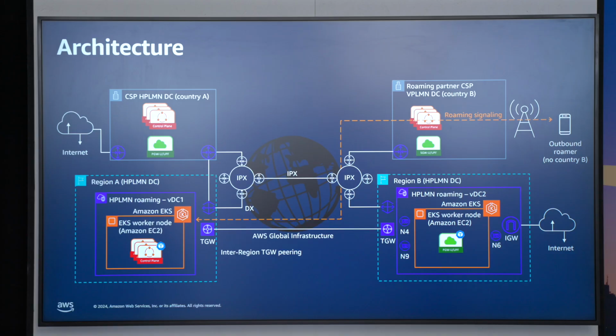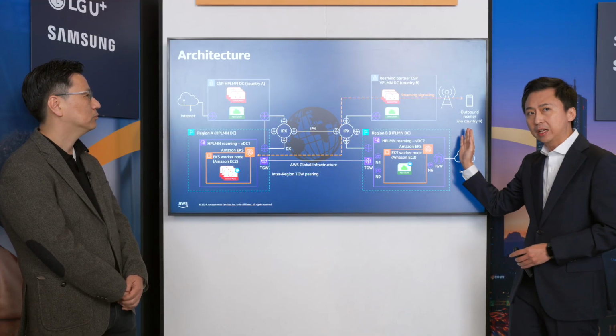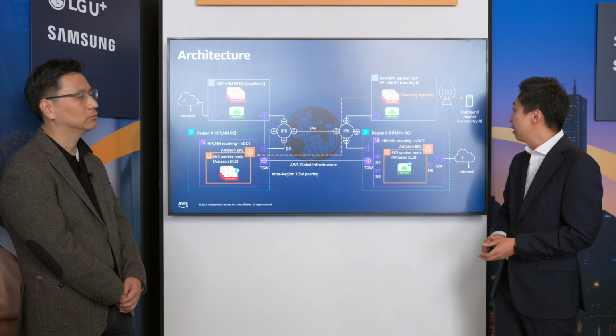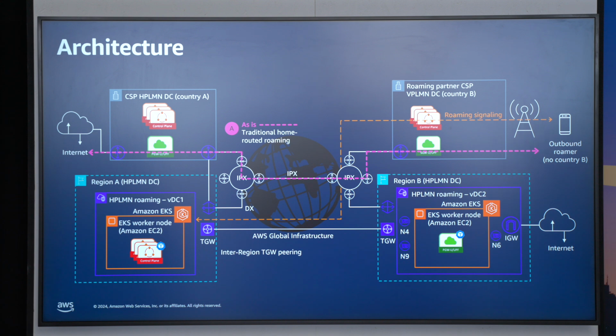Let's deep dive into the architecture. Let's suppose the right side is the visited network and the left side is your home country. For example, my country, Korea, and Spain, Barcelona. If you roam in Spain, Barcelona, your traffic travels through the IPX network with international connectivity. So it travels longer, and your latency to connect to a web page takes longer.